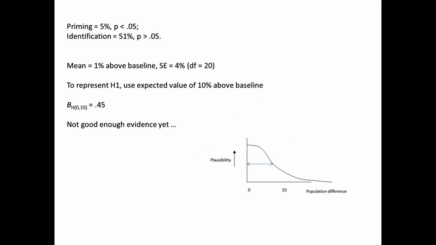So now, let's say mean priming was 1% above baseline. In other words, 51%, so it's 1% above baseline. So what you put in the calculator is 1%. You might want to do this now. You've got the calculator up just to check you know what you're putting in where. And let me say the standard error was 4%.